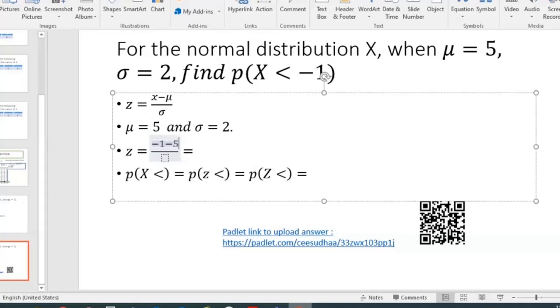So your x value being less than minus 1 means that z is less than minus 3. If we go to the table, it gives the value as 0.00135. Okay, that is the answer.